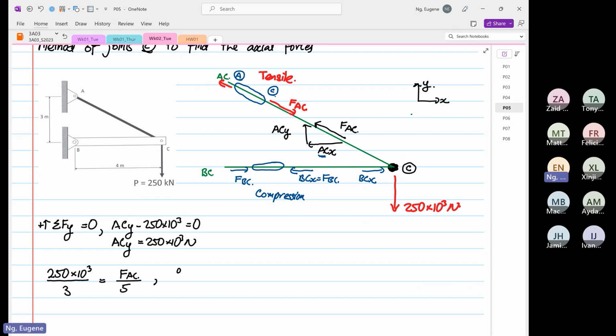Okay, so therefore FAC will be equal to 5 over 3 times 250 times 10 to the power 3, which is equal to 416.667.